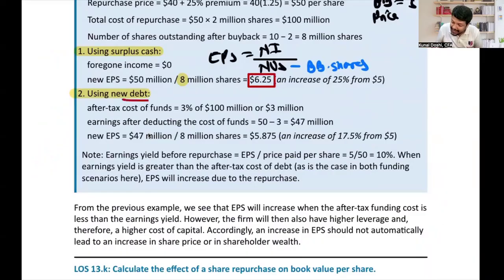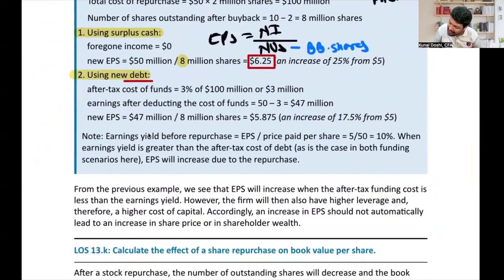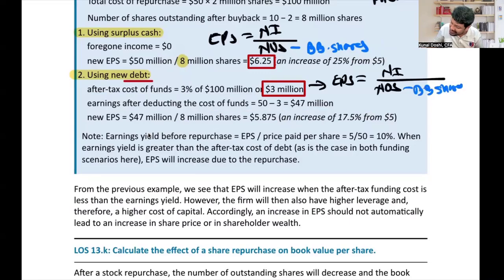But if I use debt, then this 100 million will be funded at 3%. So basically, I'll have to pay 3 million of after-tax interest, which will reduce my net income, isn't it? So now, in this case, my earnings will be net income. Initially, it was net income over number of shares, but now, along with buyback shares adjusted in the denominator, after-tax interest will also be adjusted from the numerator.